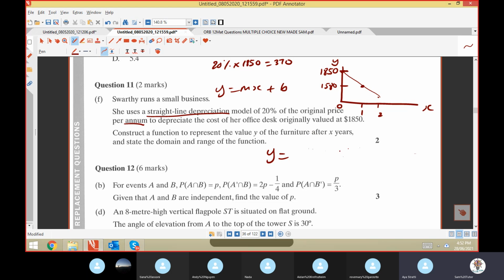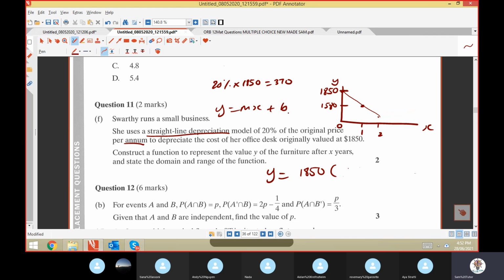Sorry? Where did you get 1580 from? I was just trying to show you that if you're losing 20% every year, after 1 year, what's 20% of 1850?